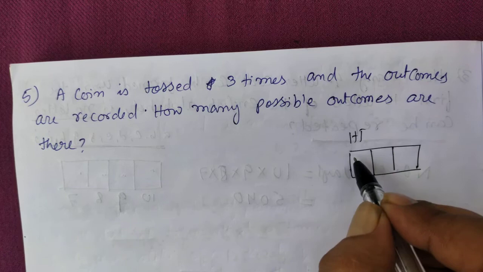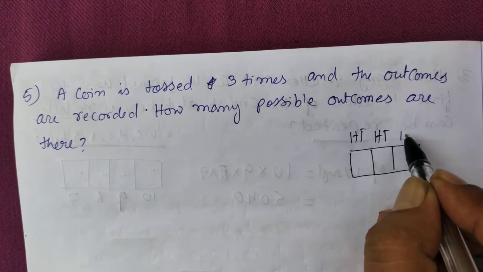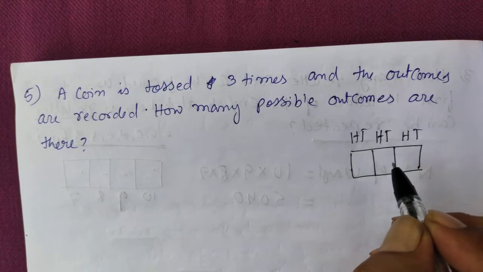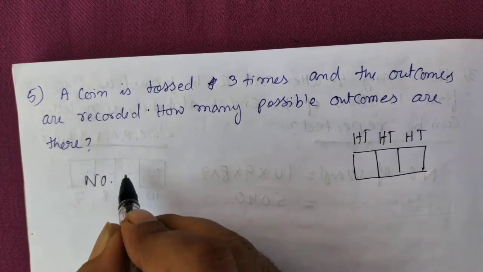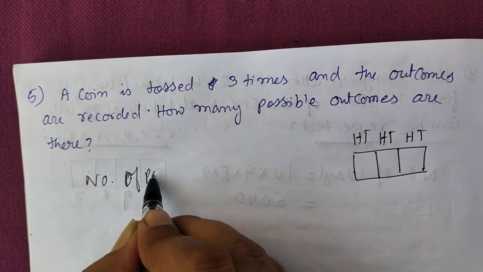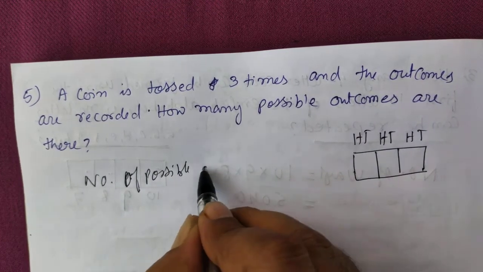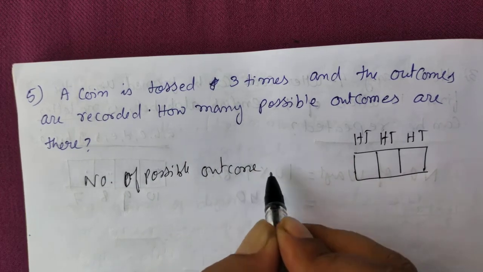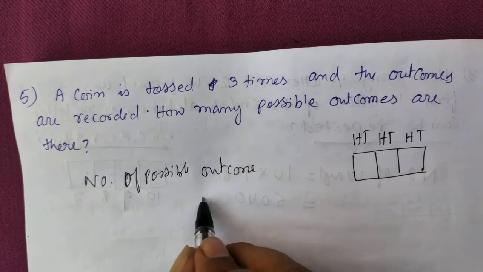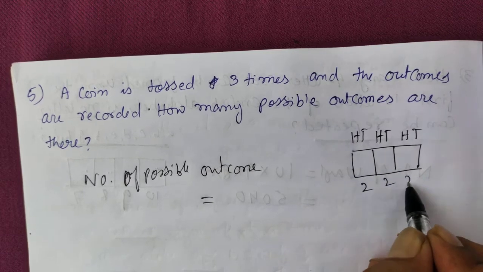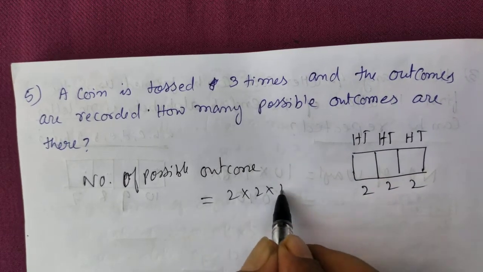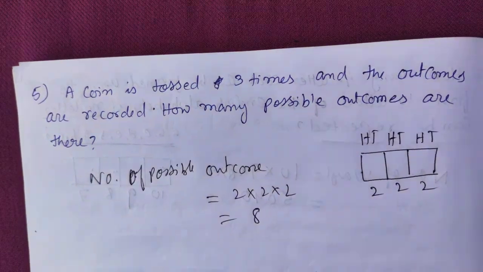That means I can use head or tail here, here also, and here also. So there are 2 ways, 2 ways, 2 ways. That means 2 into 2 into 2, which is 8 possible outcomes.